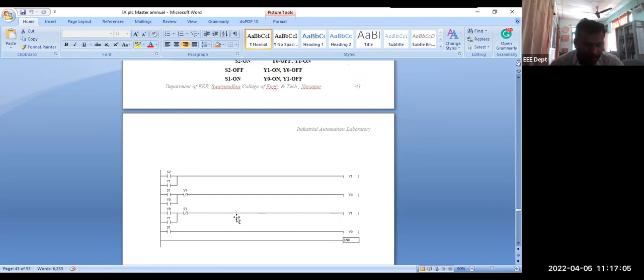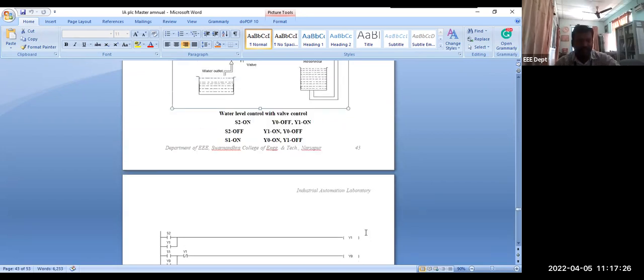In that case, Y0 will be on and Y1 will be activated. Even though in this case S1 is on condition, in this case S1 is off condition, vice versa. S1 is activated through Y0.